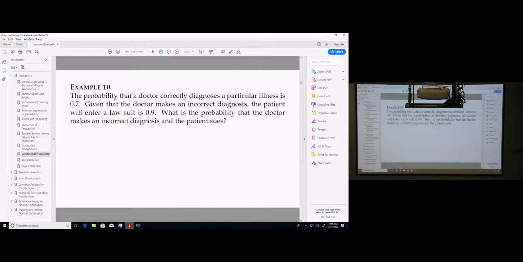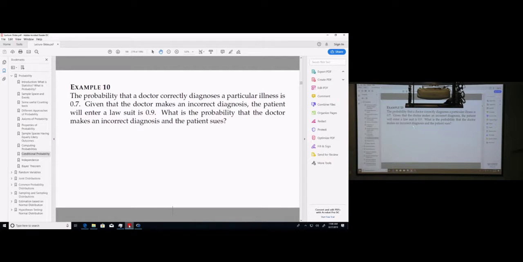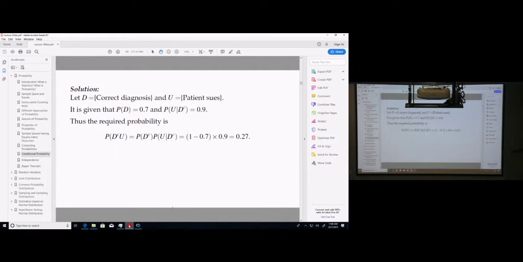Now, one of my suggestions to tackle this kind of story problem is, after you first read through the question, you start to define the events, all right, like this. So you define the events, and then you go back to the story, and fill in the probabilities as you reread the question, but read the question according to your notations, all right?